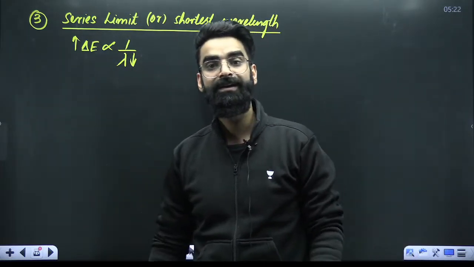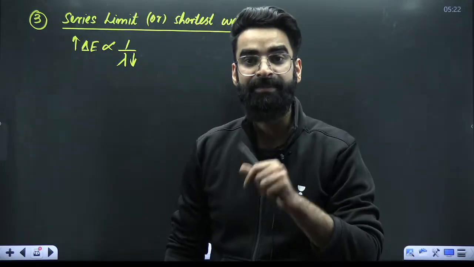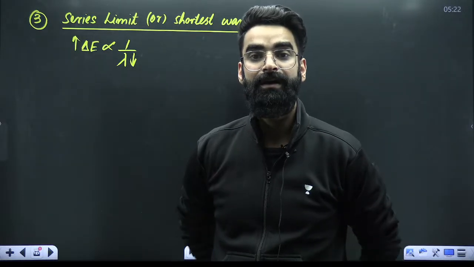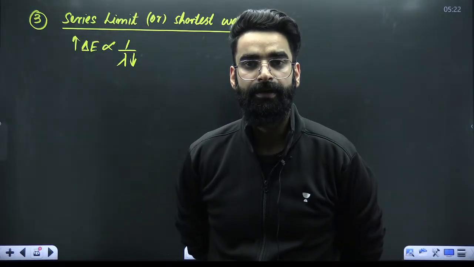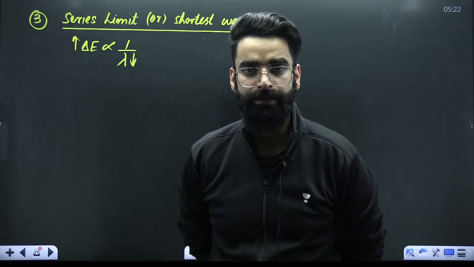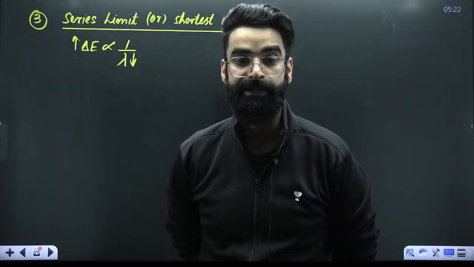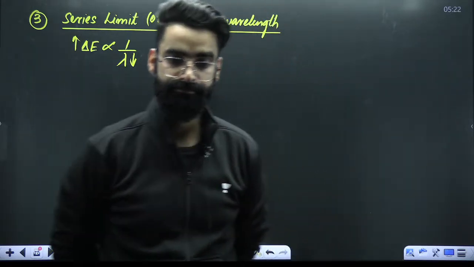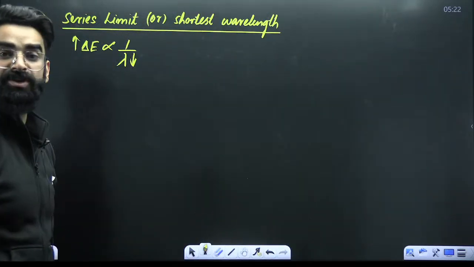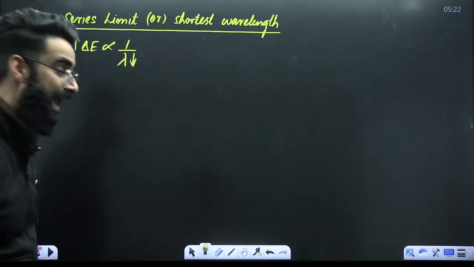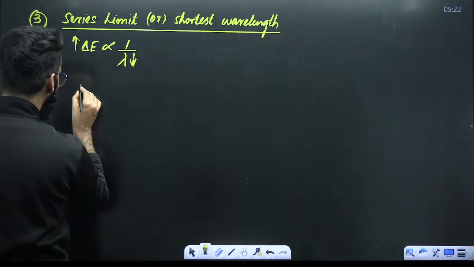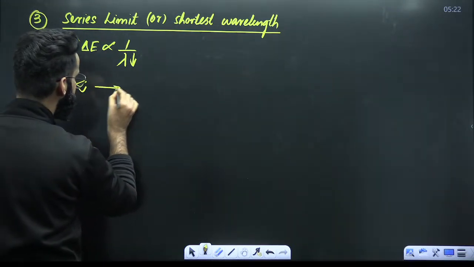Now tell me, in the Lyman series, what is the maximum energy gap? Should I take the transition from 2 to 1, 3 to 1, 4 to 1, 5 to 1, or infinity to 1? Tell me that. So in case of the series limit in Lyman series, I will have to take the transition from infinity to 1.